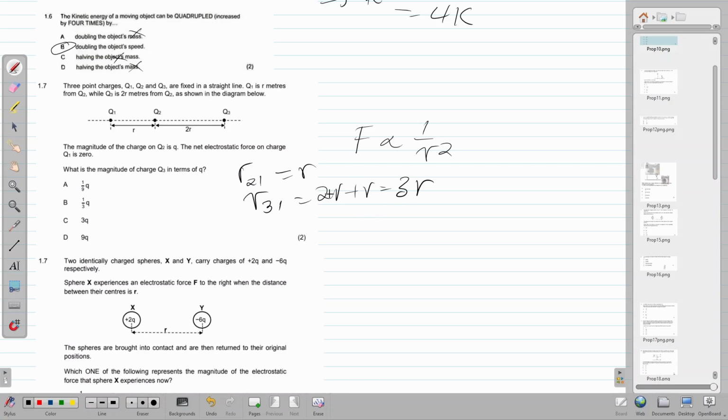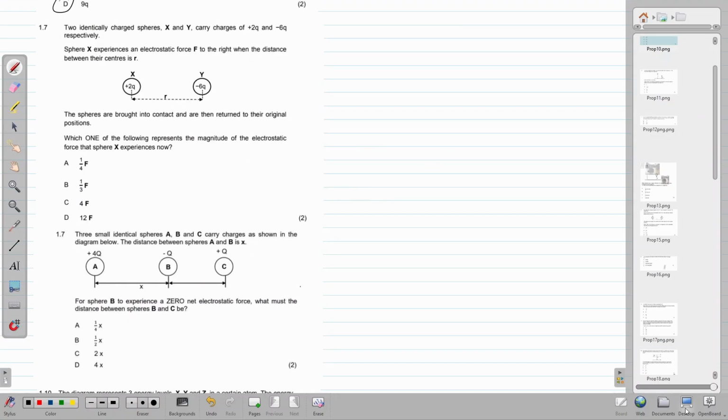So we conclude that, to compensate for the fact that Q3 is 3r away from Q1, which would make the force 9 times smaller, the charge Q3 must be 9 times greater than the charge of Q2 in order for these forces to be equal. So therefore the answer is D.